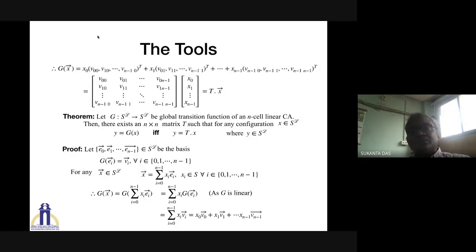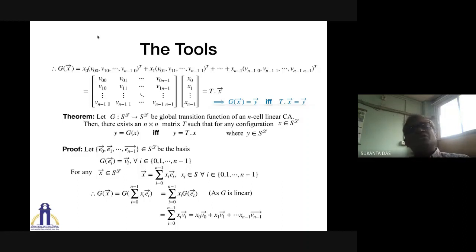So what does it imply? It implies that G of x is actually a y. I have written it to make it consistent with the statement of the theorem, that if y is the next configuration, then T into x is the next configuration. I'm just expanding that.